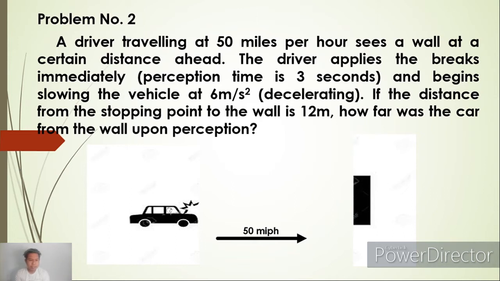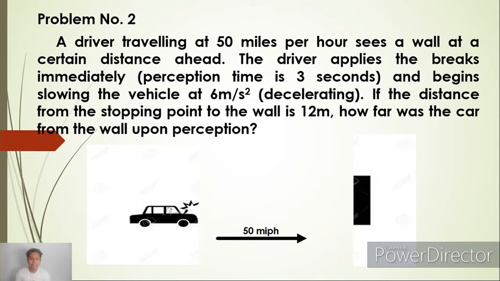The driver applies the brakes immediately. We have perception time is equals to 3 seconds and begins slowing the vehicle at 6 meters per square second, decelerating. If the distance from the stopping point to the wall is 12 meters, how far was the car from the wall upon perception?